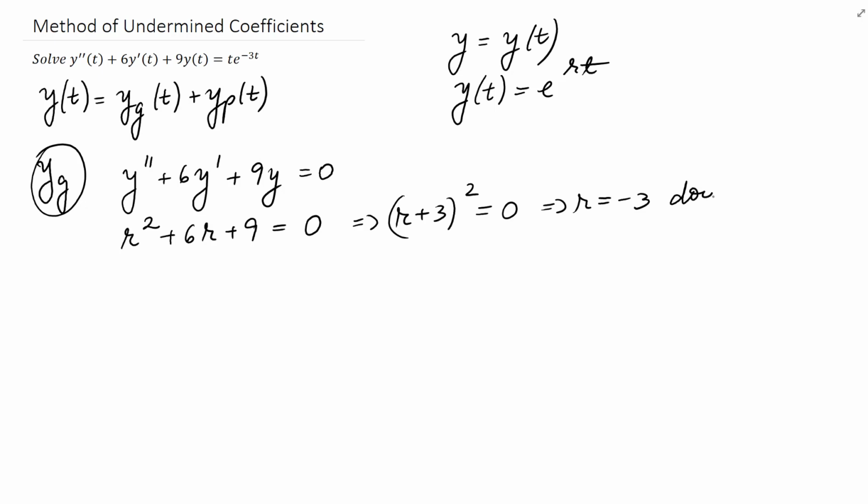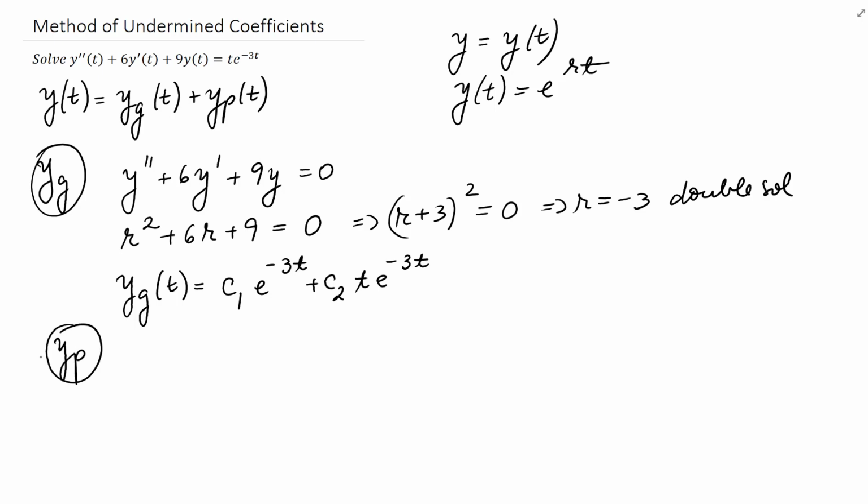It's a double solution, so r1 equals r2 equals negative 3. So the general solution that we wanted to find is going to be c1 e to negative 3t plus c2 t e to negative 3t. We'll get back to this information later.